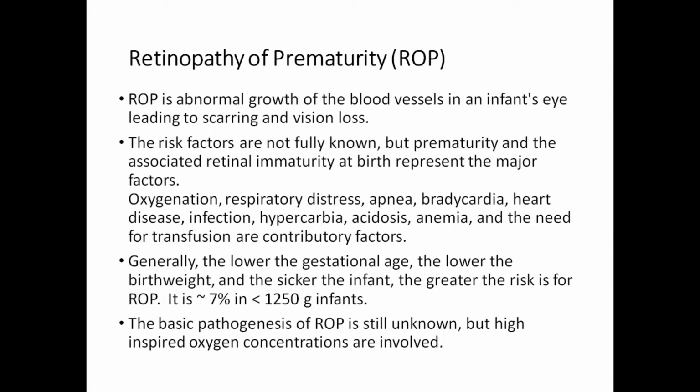The basic pathogenesis of ROP is still unknown, but high inspired oxygen concentration is involved. ROP is abnormal growth of the blood vessels in an infant's eye, leading to scarring and vision loss. There are a lot of contributory factors, and to be honest, we still don't know all the pathogenesis.